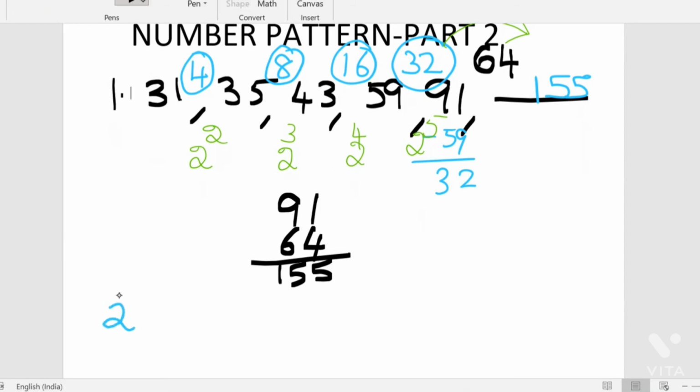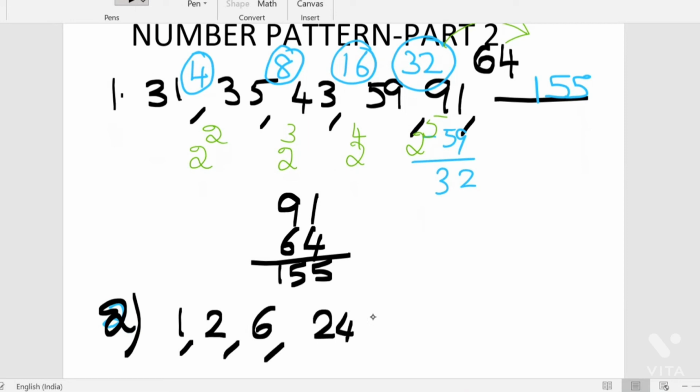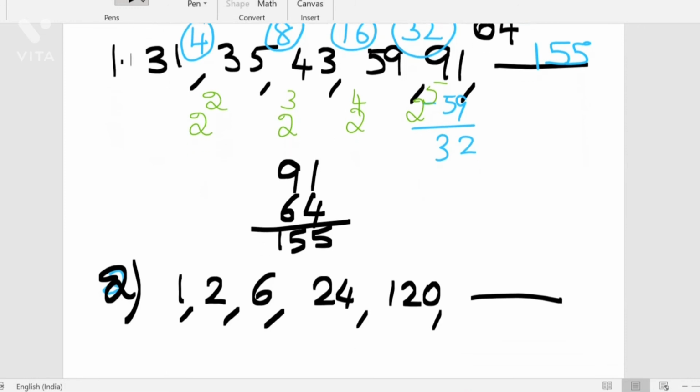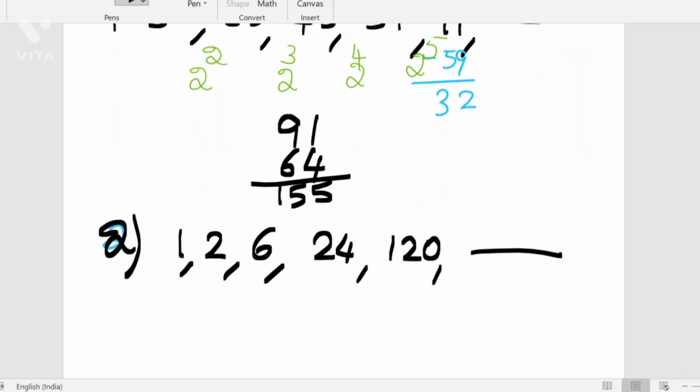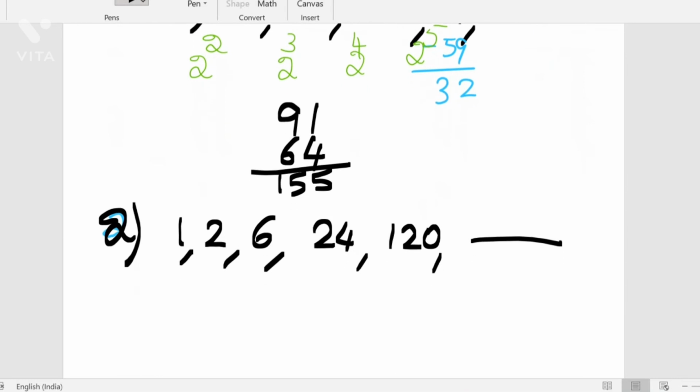Question number 2: 1, 2, 6, 24, 120. Next is missing. What is the relation here?